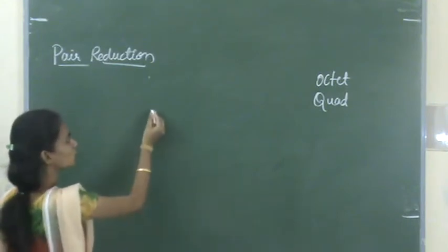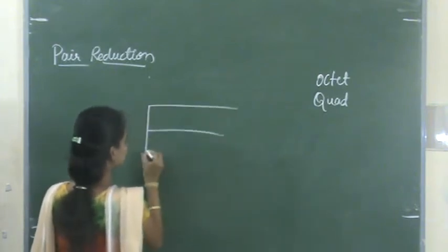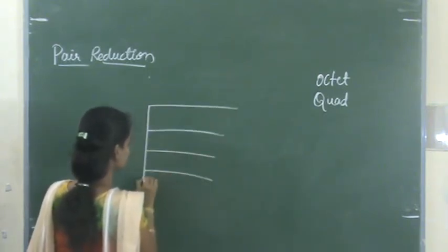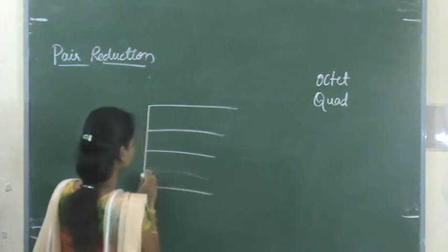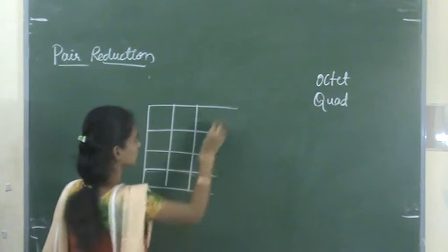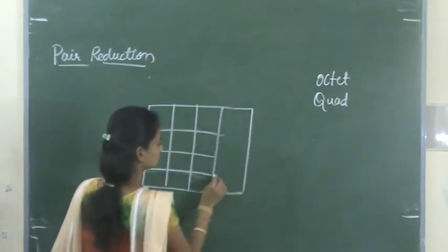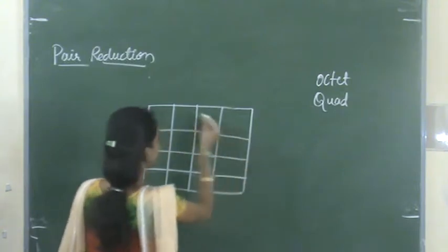So we know how to write a K-map for 4 variables, right?